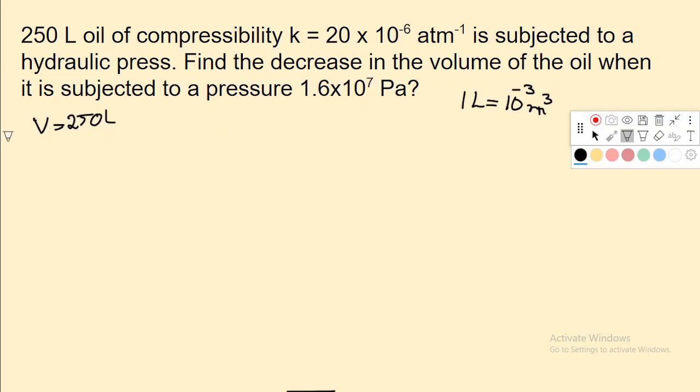Okay. So 250 liter is equal to 250 into 10 raised to negative 3 meter cube. Okay. And we are given the compressibility.